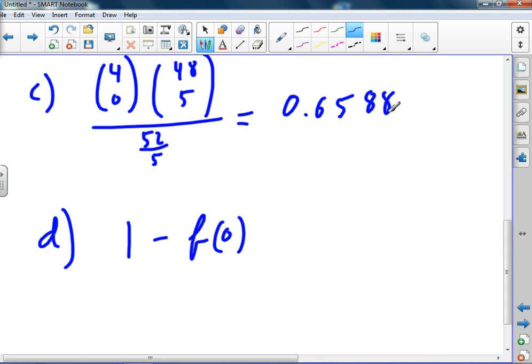So this is the no ace guy, so at least 1 is 1 minus 0.6588, giving us, that's a 2, that's a 1, that's a 4, that's a 3. So I wouldn't go back and calculate 1 ace, 2 ace, 3 ace, 4 ace and add it together. I'd just say I know what it is with no ace and subtract it from 1.